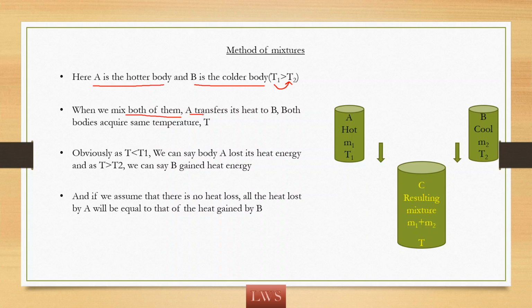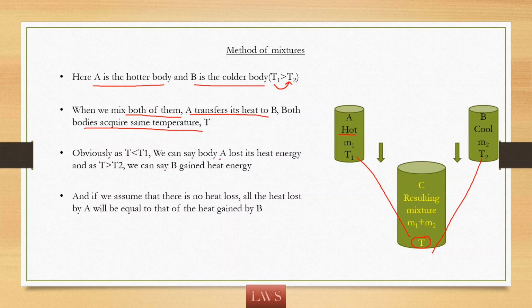So A will be transferring its heat to the B. So in this mixture, what is the temperature of the mixture? Capital T. It is the final temperature that is acquired by the mixture. Here A is hotter than that mixture, B is colder than the mixture. So T1 is greater than T as well as T2 is less than T. That you need to remember.